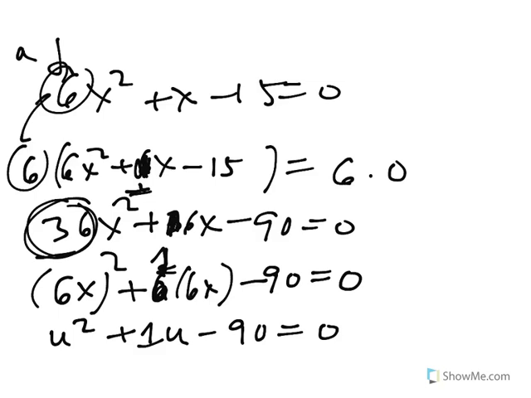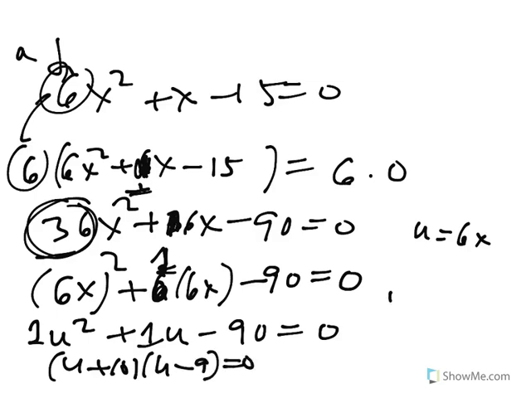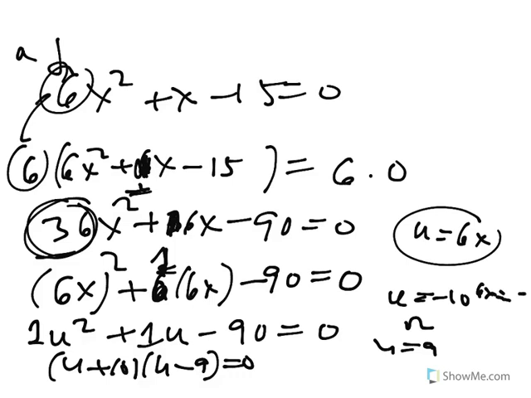You don't actually have to change the 6x into u equals 6x, but you can, because then if you're good at factoring when there's a coefficient of 1 in front, that's what we're dealing with now. u plus 10, u minus 9 equals 0, so u equals negative 10, or u equals 9, but u is 6x. So 6x equals negative 10, divide both sides by 6 and get x equals negative 5/3.